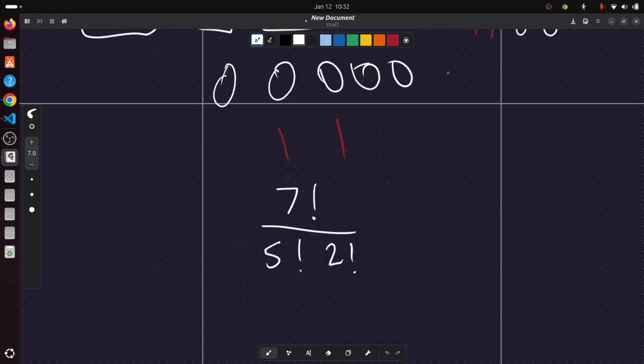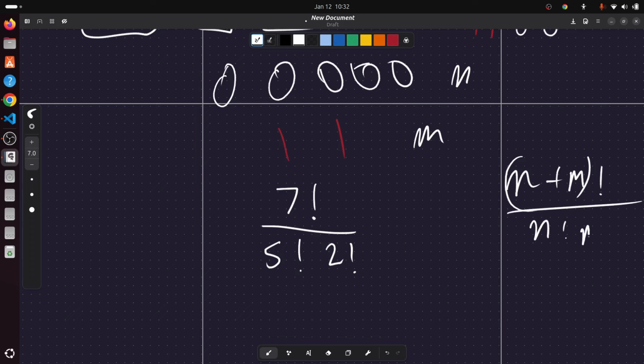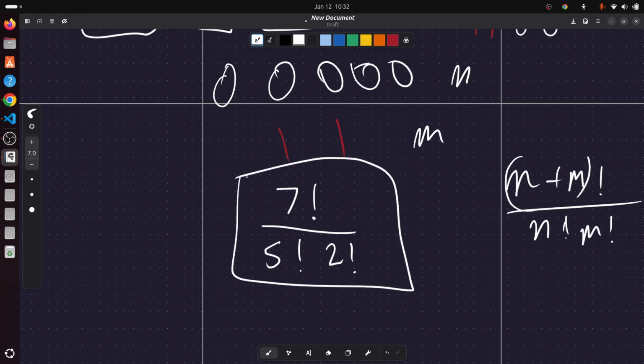Like if I have n objects of the first kind and m of the second kind, then the number of ways to permute them is (n plus m) factorial divided by n factorial times m factorial, right? So this is the number of arrangements.